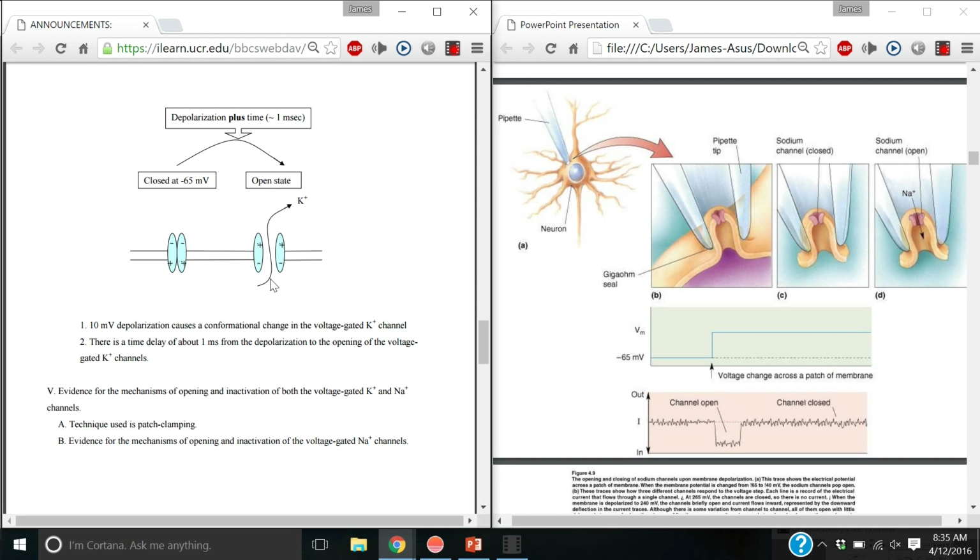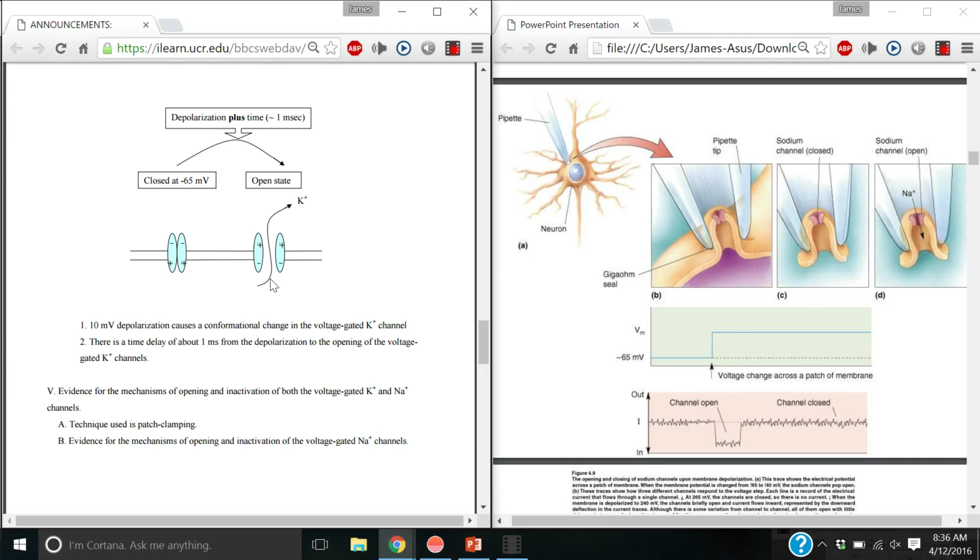Okay. And so, how do we know these things? What's the evidence for these models? Well, there's a lot of it. Part of it is that some of these proteins have been cloned, and the amino acid sequences determined, et cetera. But part of it comes from a particular technique called patch clamp.